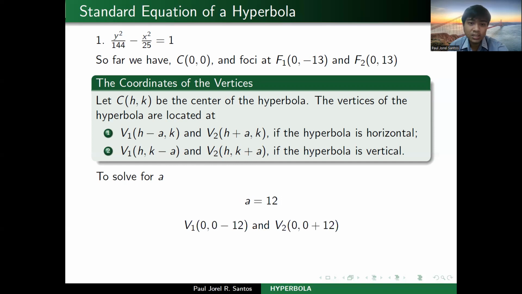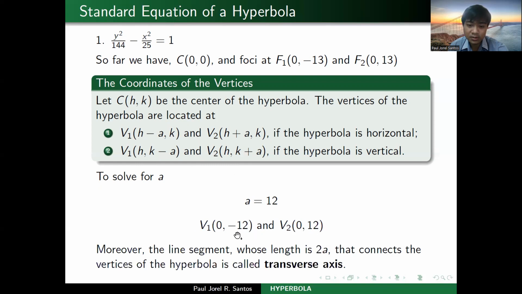Now, replacing h, k, and a by their values, h is 0, k is 0, a is 12. Simplifying this gives us the vertices at (0, -12) and (0, 12).